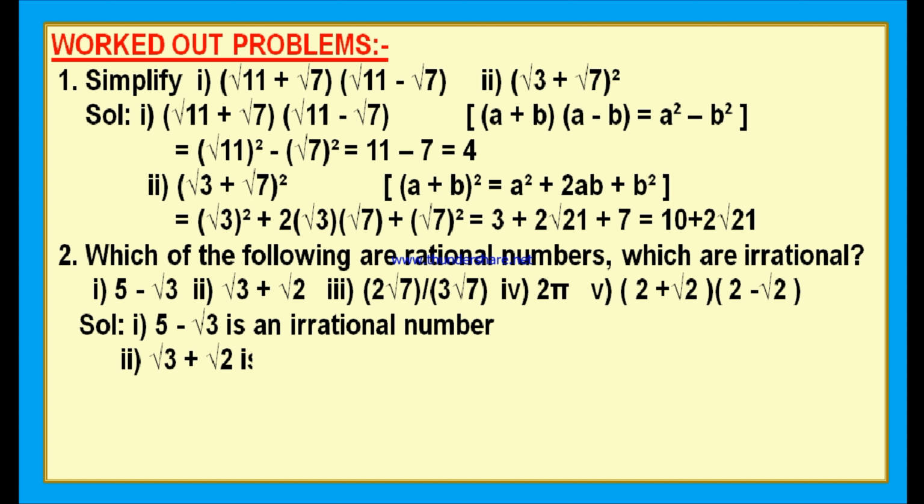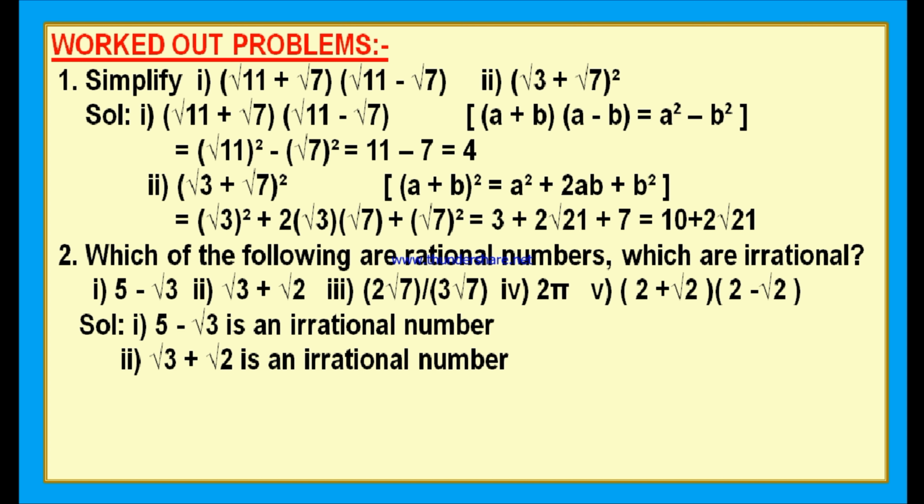And second bit, root 3 plus root 2. Root 3 is one irrational and root 2 is another irrational. If we add two irrational numbers, we will get again an irrational number. How? We can justify this with a simple understanding. Root 3 is an irrational number, means it is non-terminating and non-recurring decimal.